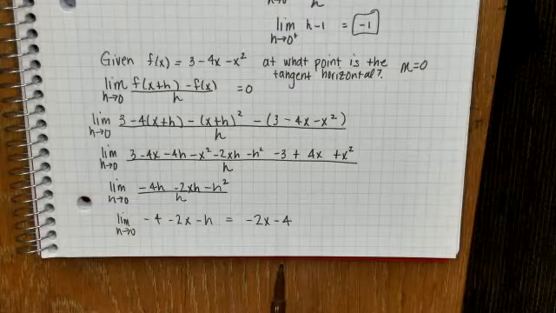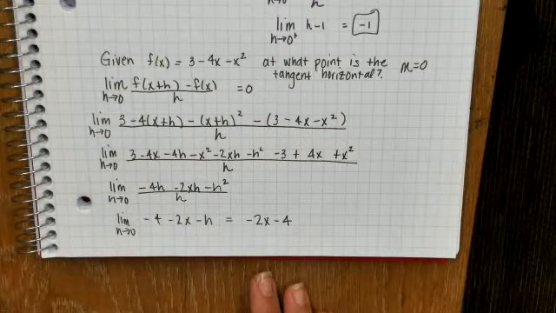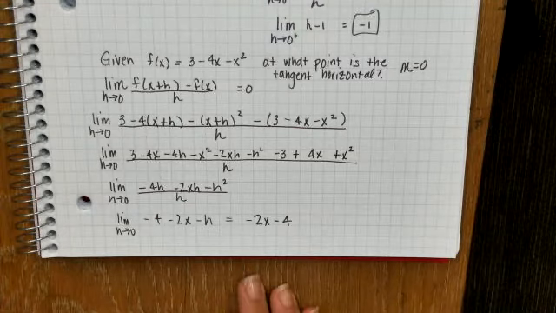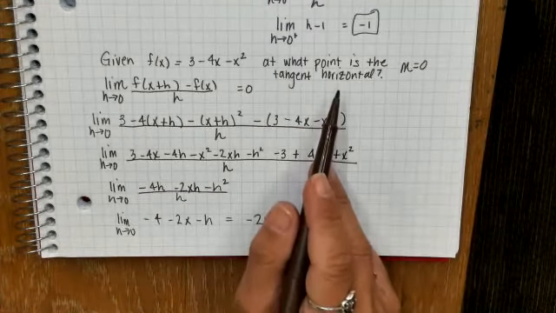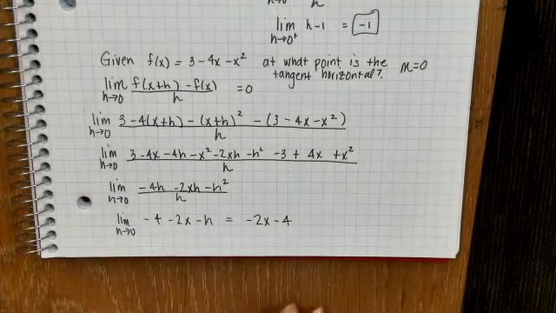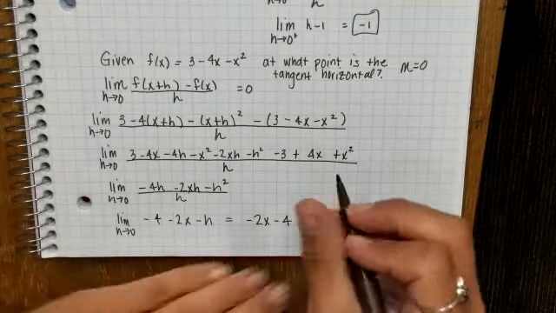Great. So if I asked you at what point is the slope -3, we could set it equal to -3. At what point is the slope 25? We would set it equal to 25, but I'm asking you specifically about being horizontal, which means that the slope is indeed 0.